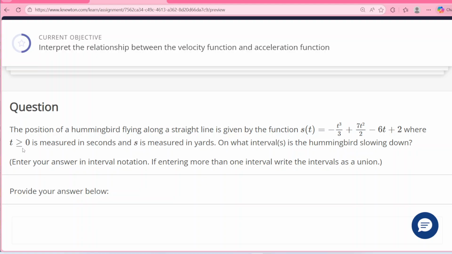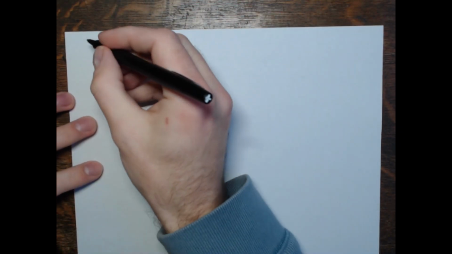Again, non-negative time. So on what time intervals, right? For what times is it slowing down? The first two of these was speeding up. This time it's slowing down. But I'm still going to approach it the same way.